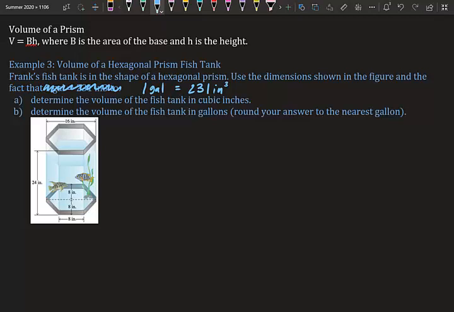Okay, so we have our fish tank, and we know it's a prism because opposite sides look the same, right? So that's how we know it's a prism. Since it's a prism, we have to use volume equals big B times h. Big B is the area of the base.